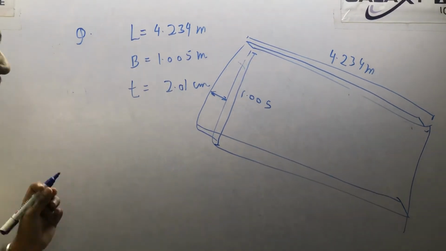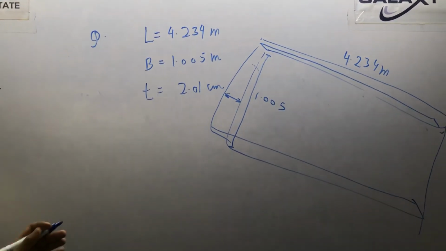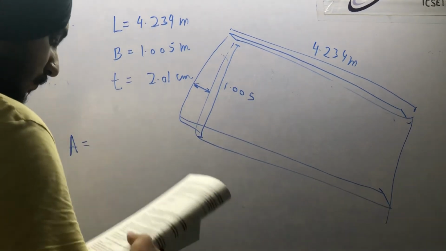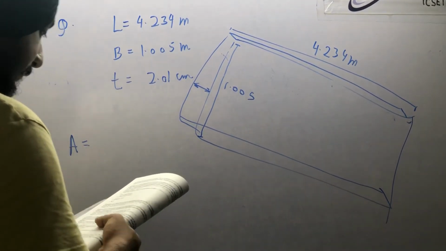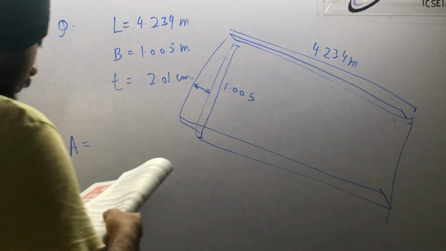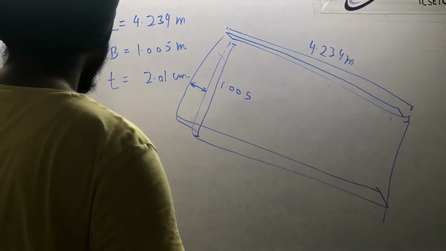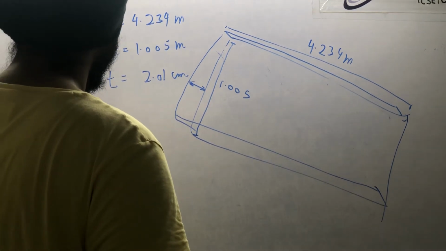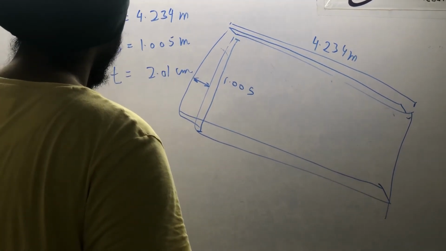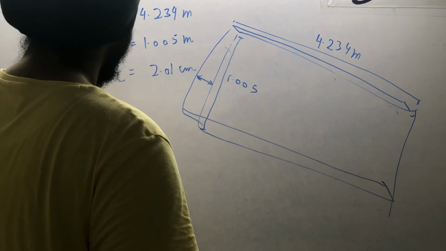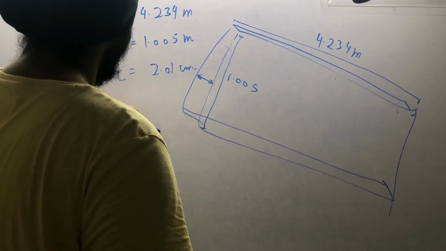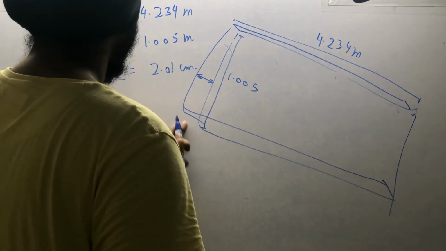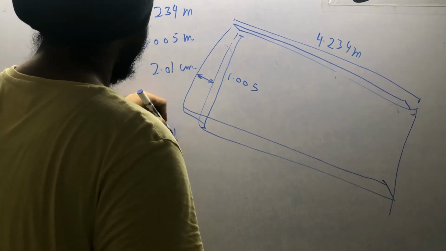Okay, now this is a very important concept. Please pay attention. First they have asked us to find the area. So what is the formula for area? The formula for the area will be 2 into (length into breadth plus breadth into height plus height into length), that is 2 into (LB plus BH plus HL).